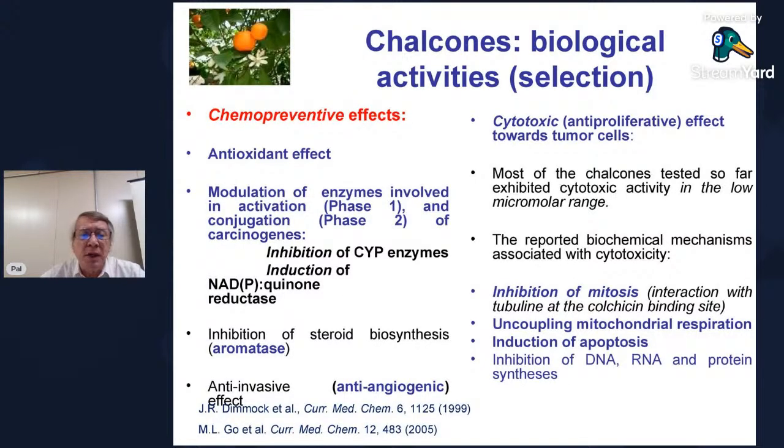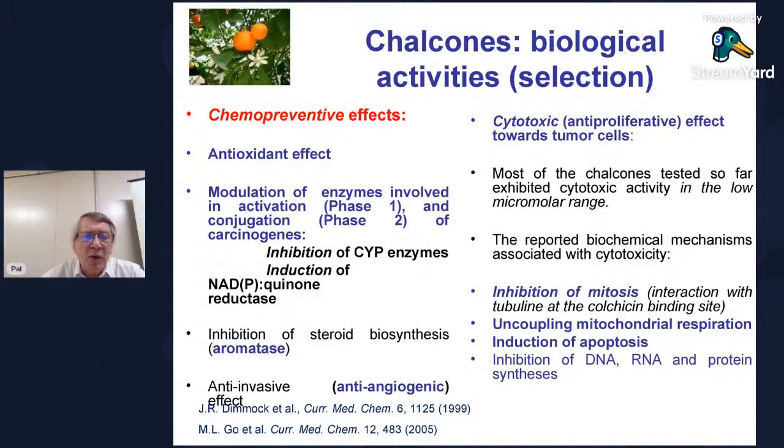Returning to chalcones and their biological effects, today let's review the chemopreventive effects of the compounds. The chemopreventive effects of chalcones and, broadly speaking, flavonoids can be associated with 3-4 different pathways. One of them is the antioxidant effects. The second one is modulation of enzymes involved in activation and conjugation of carcinogens.